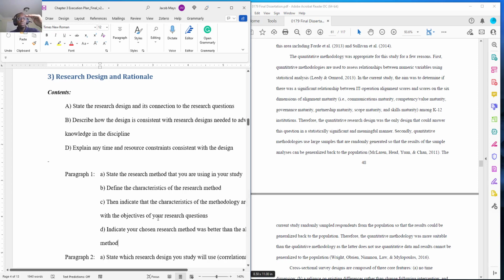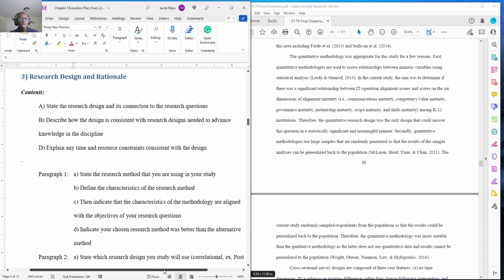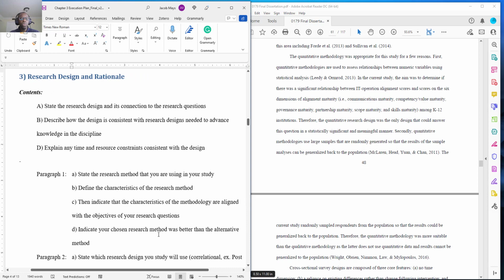So they talked about the quantitative, projectable back to the population, and then the final thing they talked about was to indicate why your chosen research method was better than the alternative. So they said here, therefore, the quantitative methodology was more suitable than the qualitative methodology, as the latter does not use quantitative data and results cannot be generalized to the population. And then they gave a reference. Okay, it's important, when you're writing these things, to give your reference.